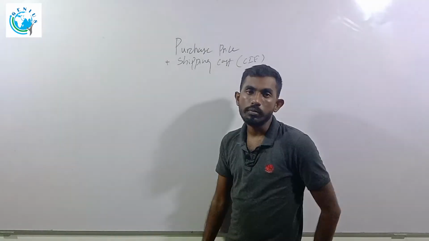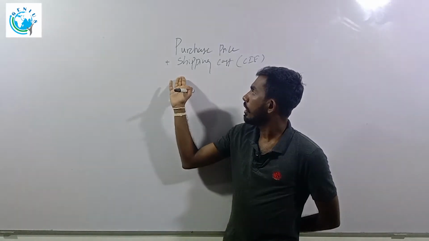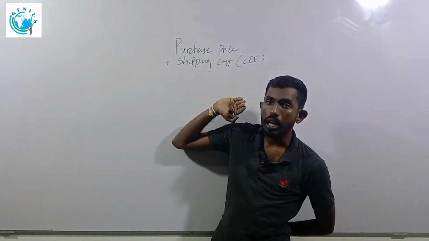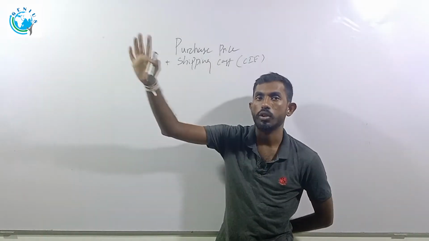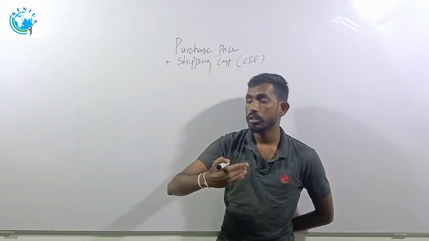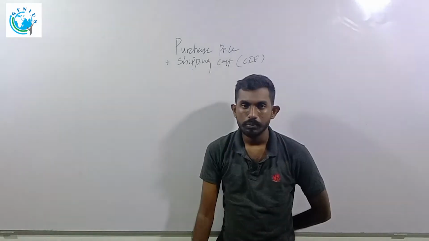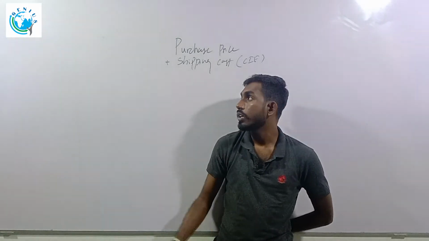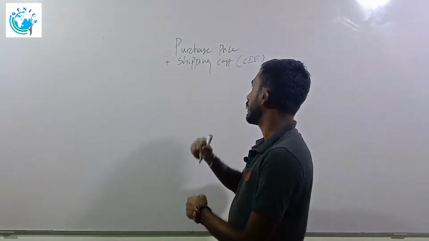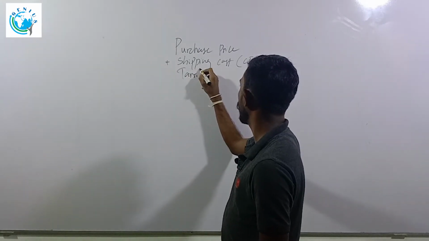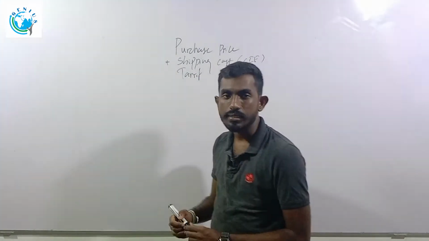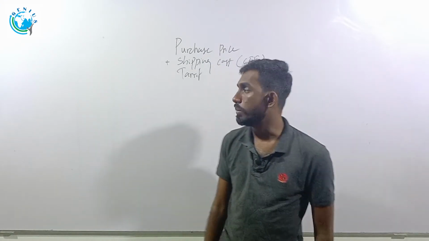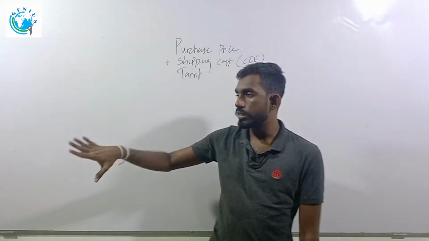Then now those machines are there in the harbor, dockyard. So now I have to clear the items from the harbor. For that I have to pay some tariff, or we say taxes. I have to pay some taxes in order to release that machine. Then okay, now I have released that from the harbor.